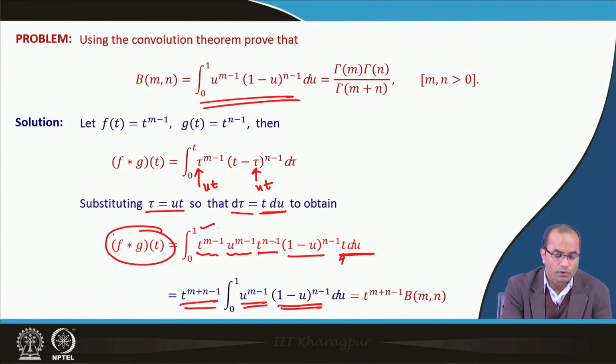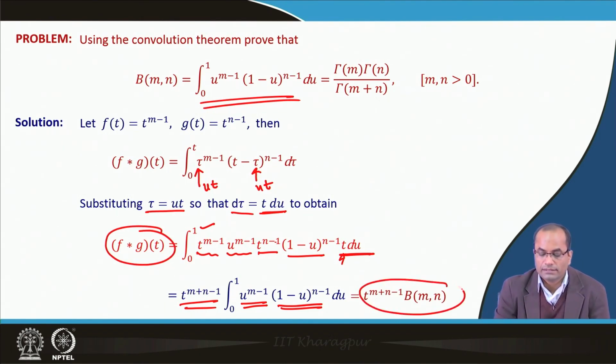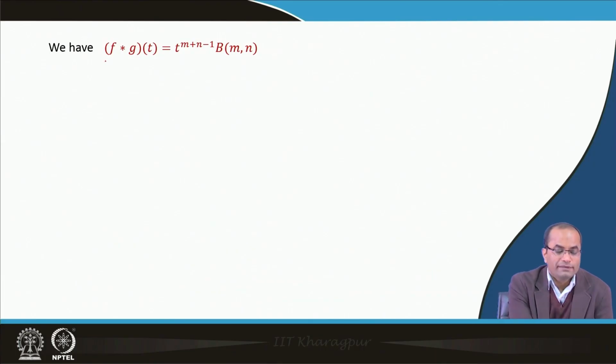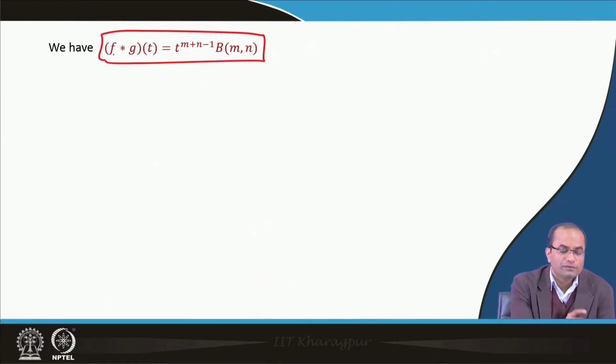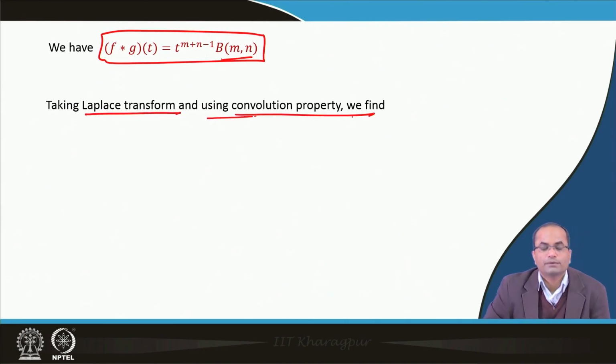So, the convolution of these two functions f and g is coming as t^(m+n-1) times the beta function. Having this result, we can make use of the Laplace transform and in particular the convolution property of the Laplace transform, which we have discussed before.